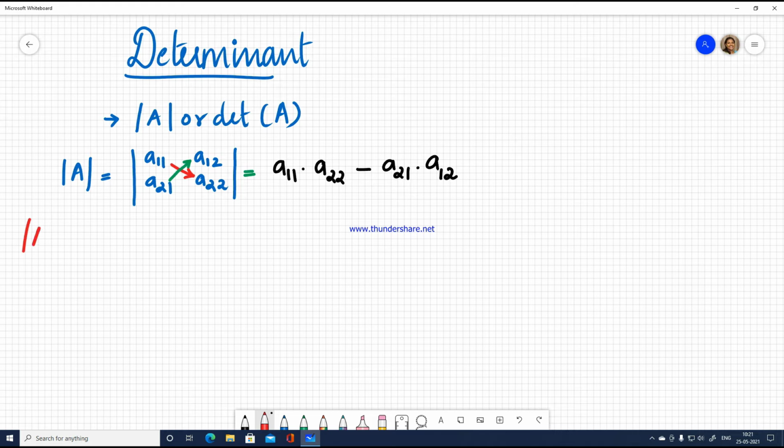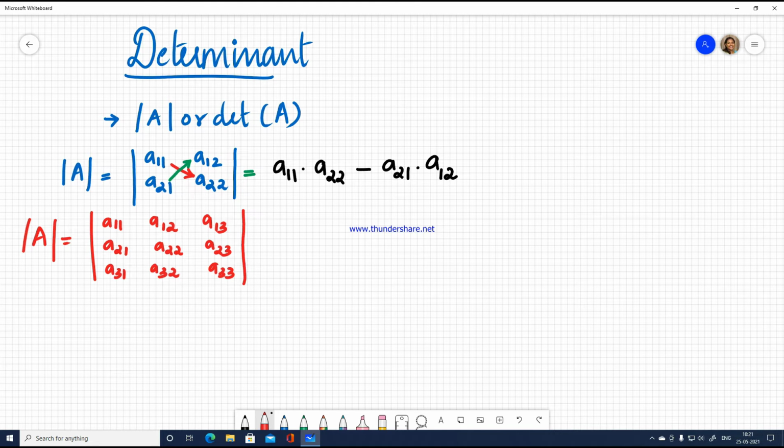This is the determinant of a 3 by 3 matrix, and the matrix will be A11, A12, A13, A21, A22, A23, A31, A32 and A33. This is the matrix whose determinant we need to find.